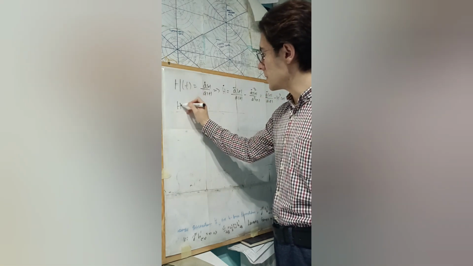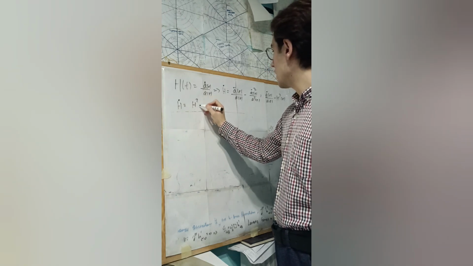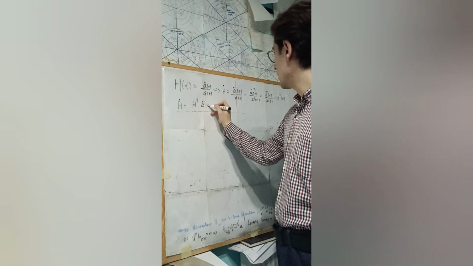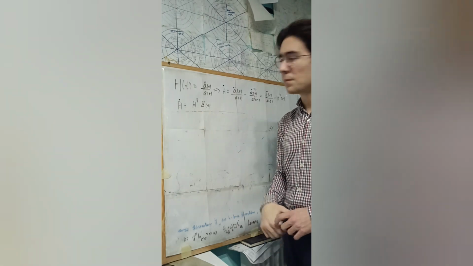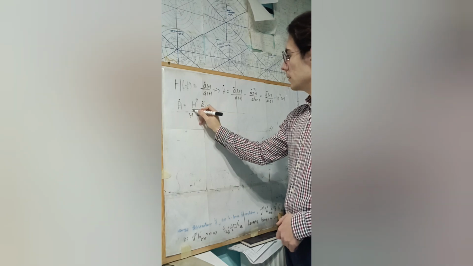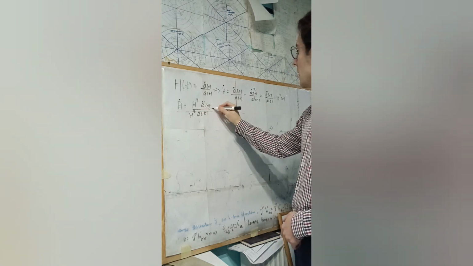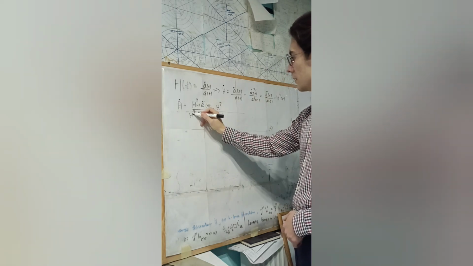So H dot becomes H dot over H squared, times a double dot of t. Well, H is also a function of time, okay? A of t, H squared, and minus H squared of t.